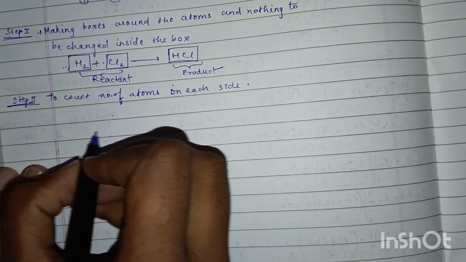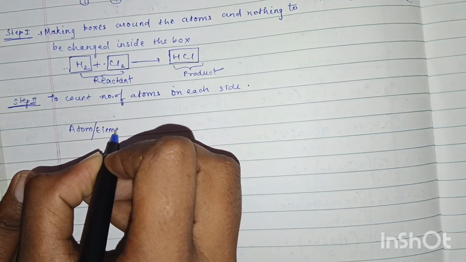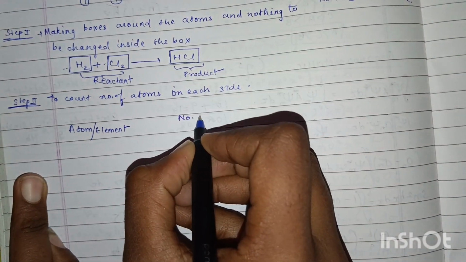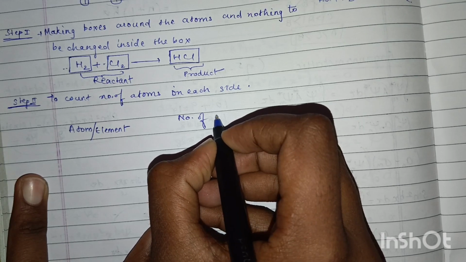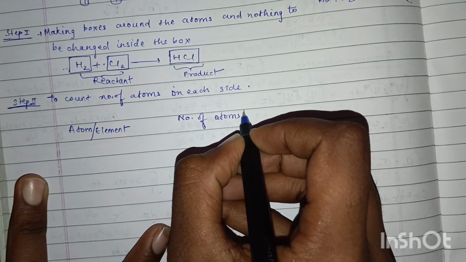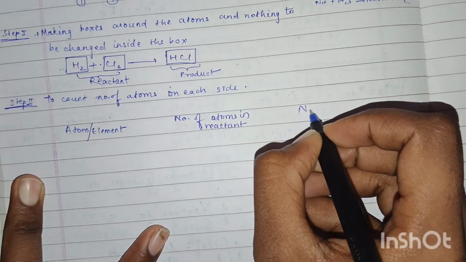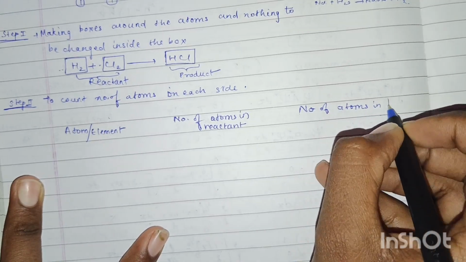So here, three columns need to be made: element, number of atoms in reactant, and number of atoms in product.